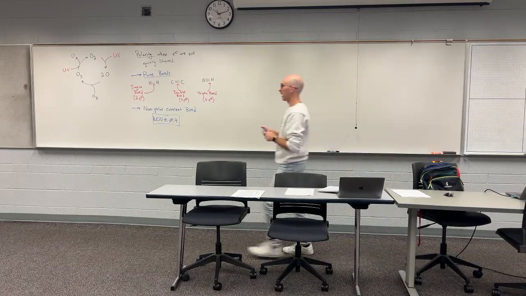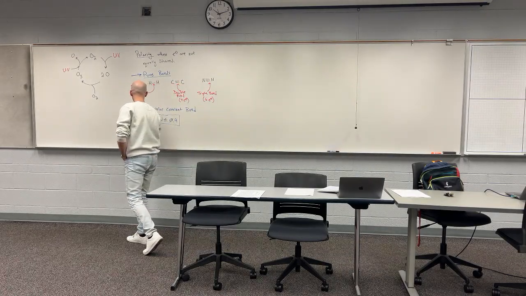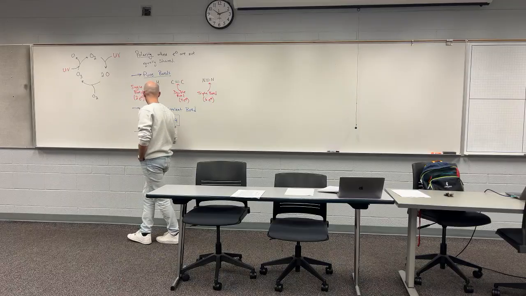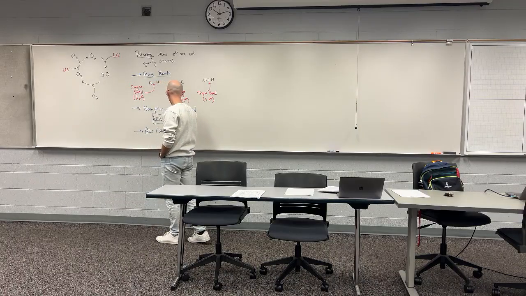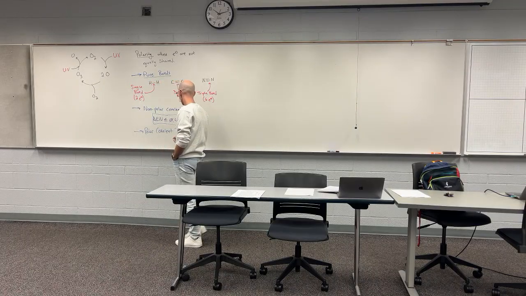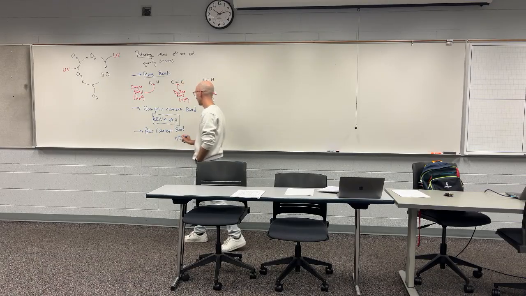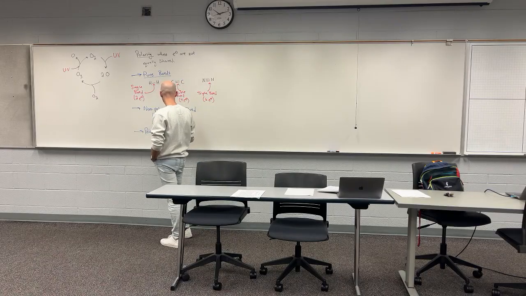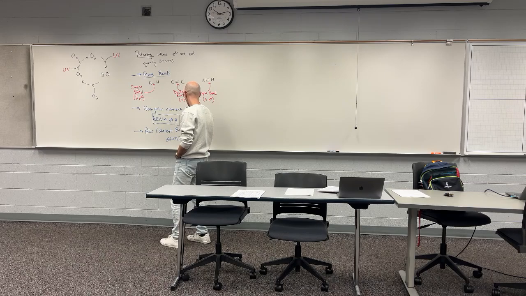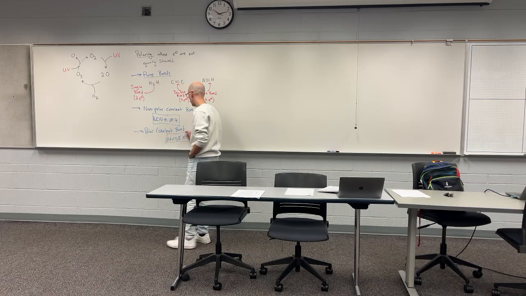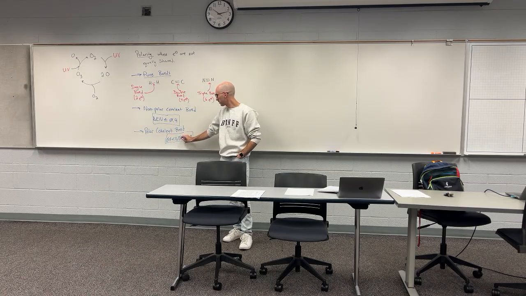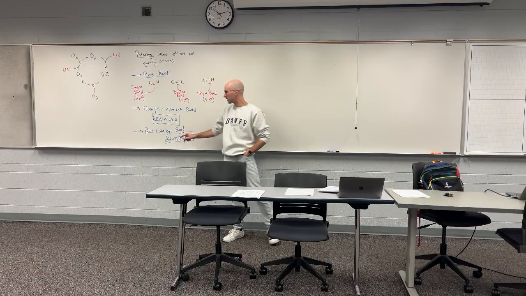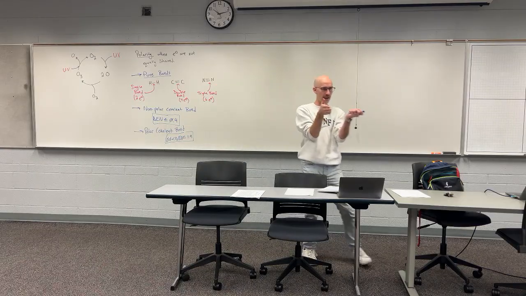And then there's another class of bond, which is the polar covalent bond. And this is where the difference in electronegativity is greater than, I think I got that wrong. It's greater than 0.4, but it's less than or equal to 1.9. So the difference in electronegativity is this range.